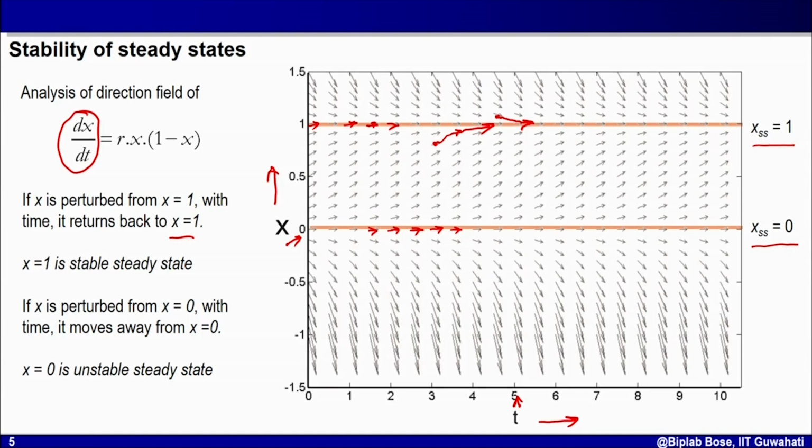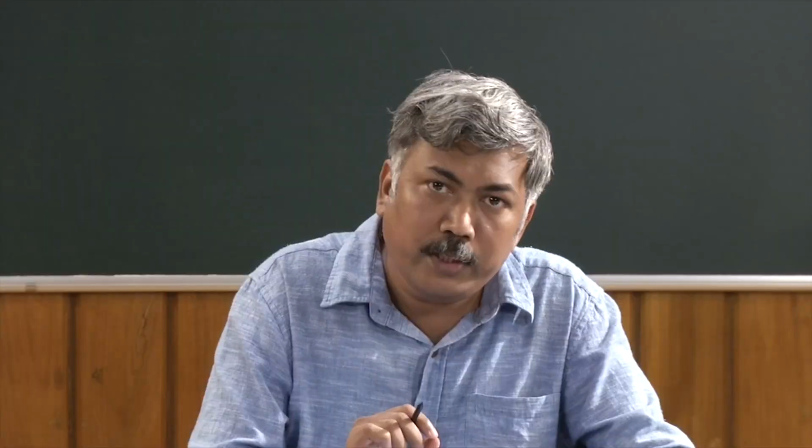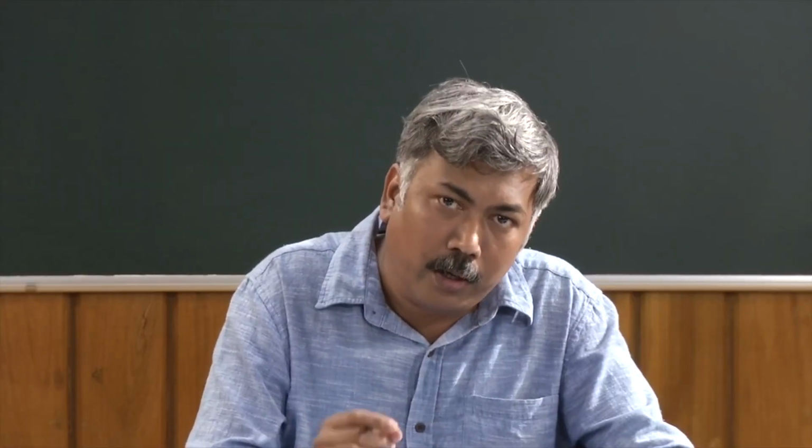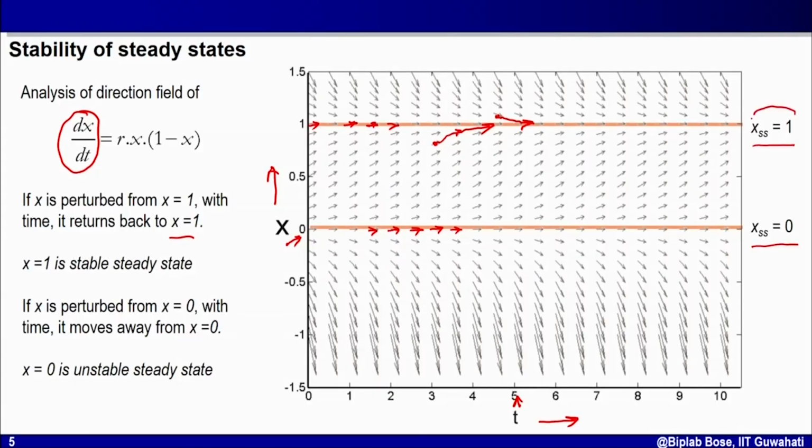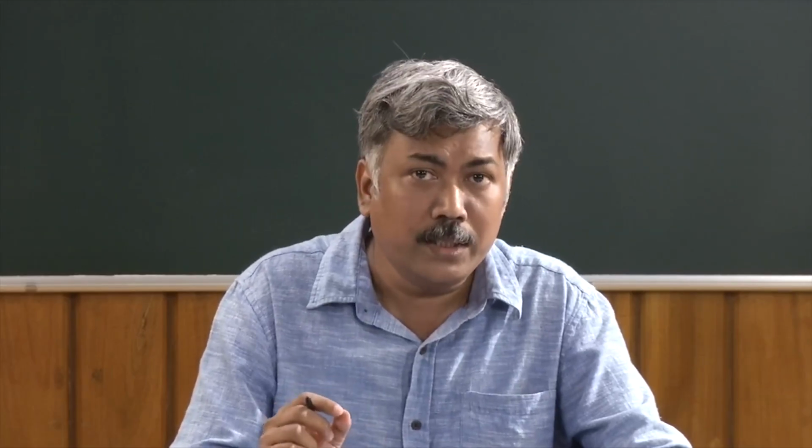So from both sides of x equal to 1, if I perturb the system, that means if I change the value of x slightly higher or slightly lower, with time x will again come back to the value of 1. That's why this x equal to 1 steady state is called a stable steady state. If you disturb a system which is at a stable steady state slightly, then with time it will come back to that stable steady state.